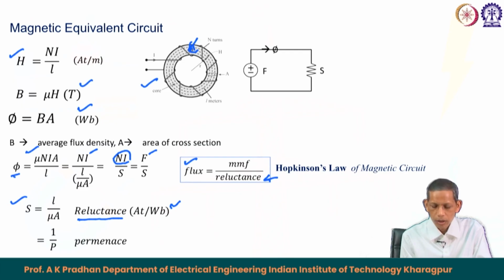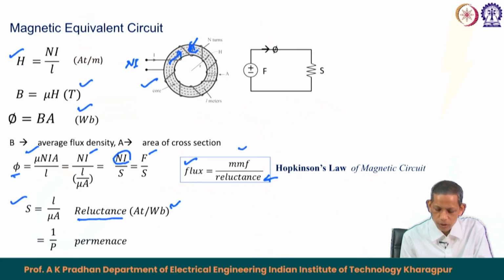In conclusion, the flux established in this core depends upon the MMF supplied, that is N into I, upon the reluctance of the core, where the reluctance is L upon mu A. Mu is the permeability of the core, which equals mu naught into mu r, A is the cross section of the core, and L is the length of the mean path of the flux.